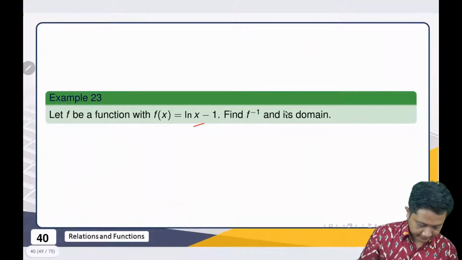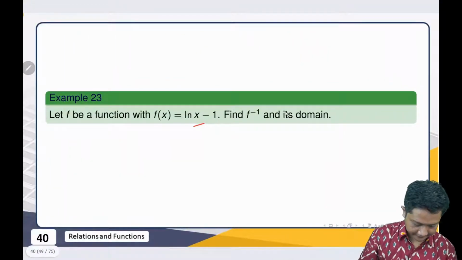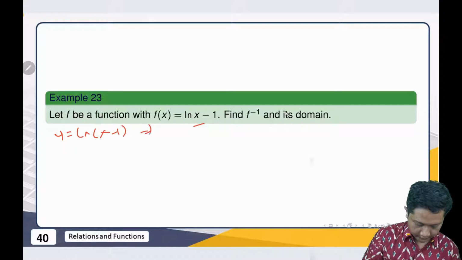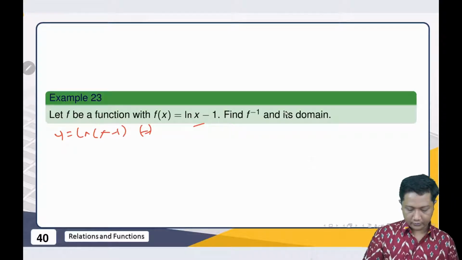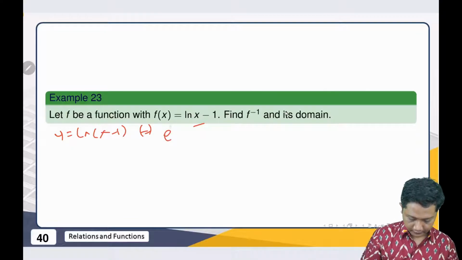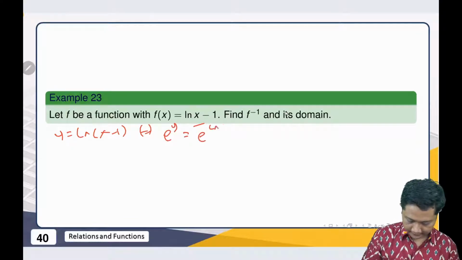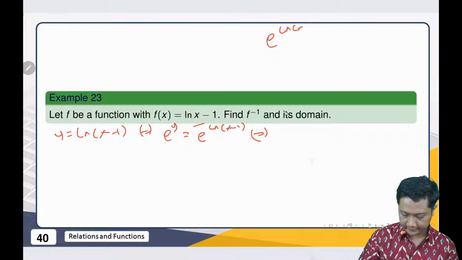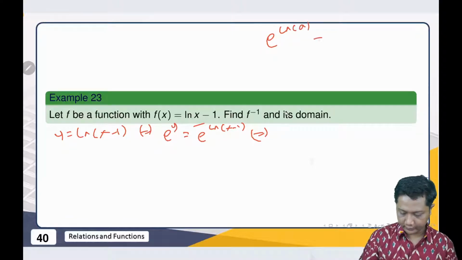And next example, if we have this f(x), then we have y is ln(x minus 1) if and only if e to the y is equal to e to the ln(x minus 1), and by definition e to the ln a is equal to a.